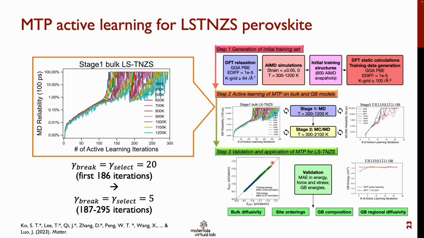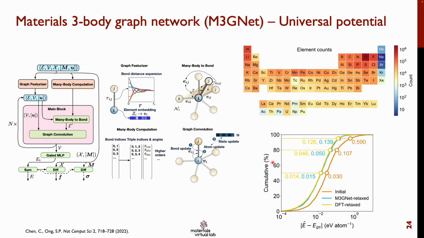So to tackle this challenge, we try to use a method developed by our group. This universal potential is called the Materials three-body graph network model, and it was developed by Dr. Chi Chen in 2022 in our group.